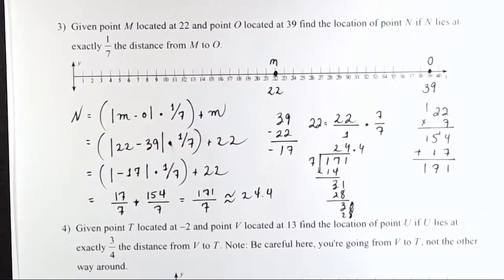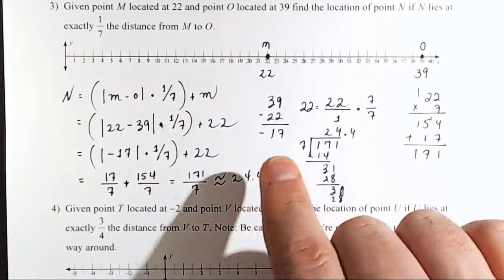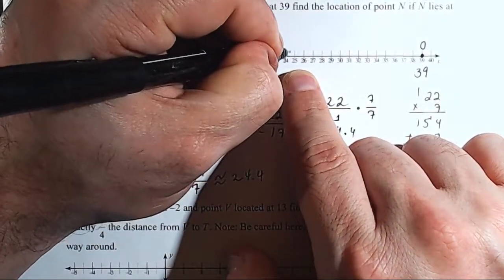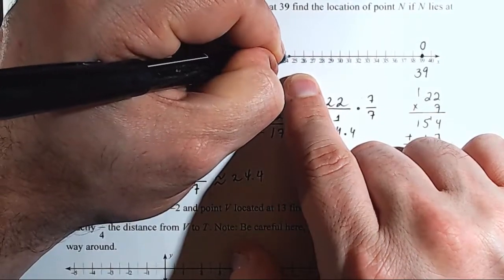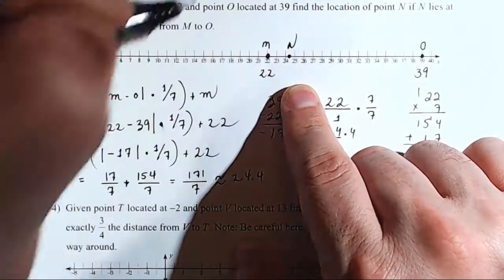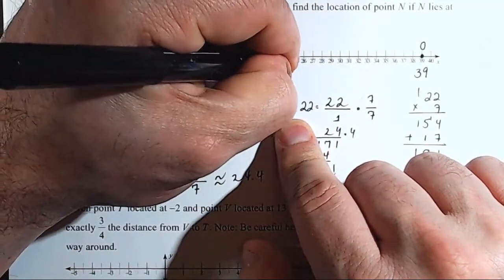So what we want to do is go locate 24.4, right? That's like halfway between 24 and 25, just a hair less than, maybe about right there. Okay, so this would be pointing at 24.4.